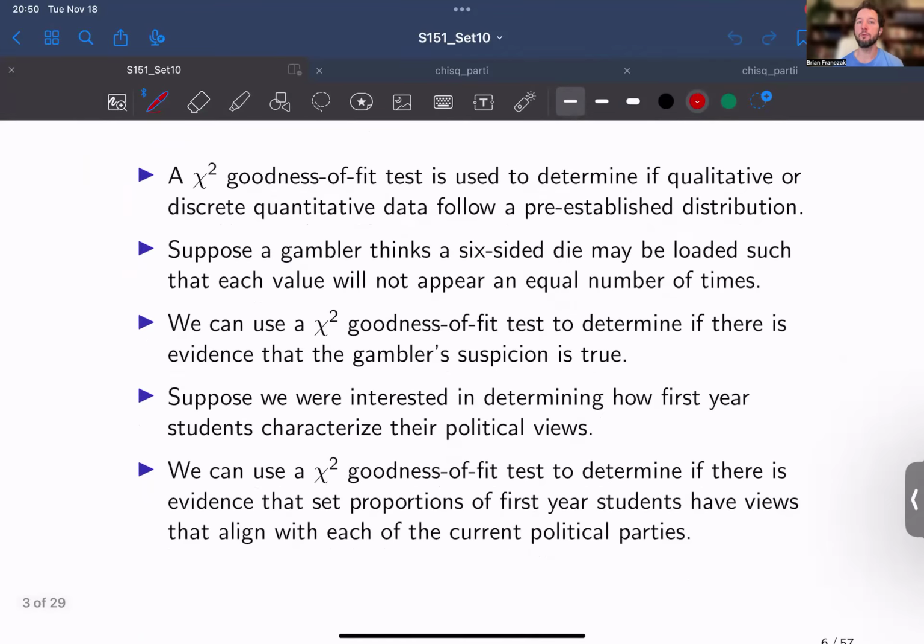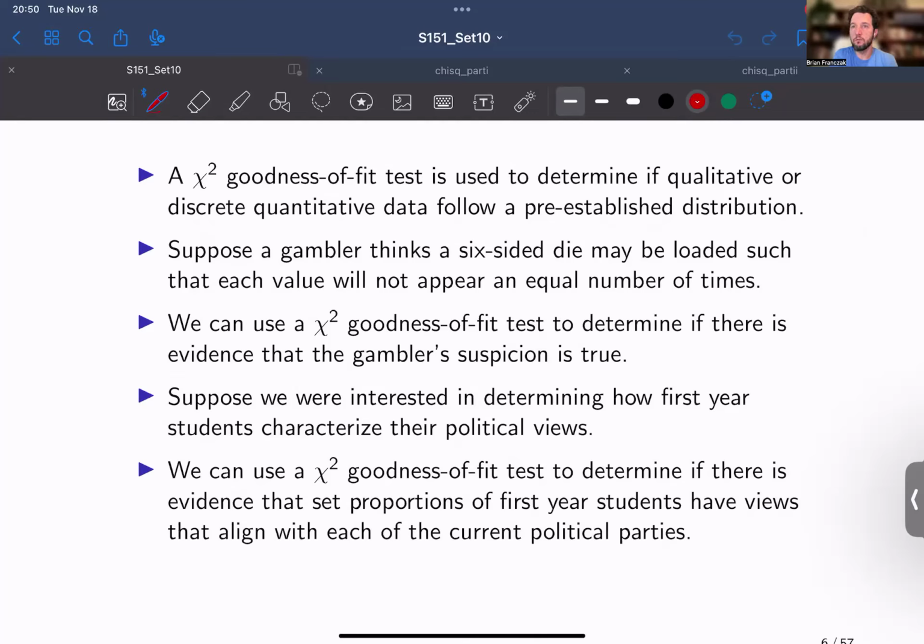The first chi-square test is called a goodness of fit test. This test has a very specific application. First of all, it's applied to counts for qualitative outcomes. For example, suppose that you're playing a game where you roll a single die, one six-sided die.